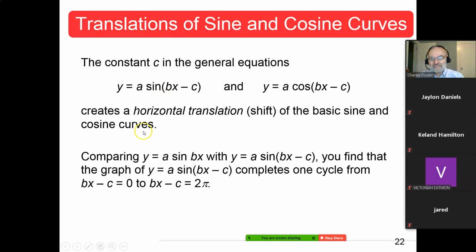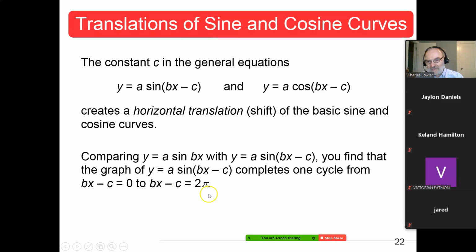Now, and this is where the way they do it makes it so awkward. If you compare y is equal to a sine bx with y is equal to a sine bx minus c, you can find from the graph that this completes one cycle between bx minus c equals 0 to bx minus c equals 2 pi. And then they solve for x.